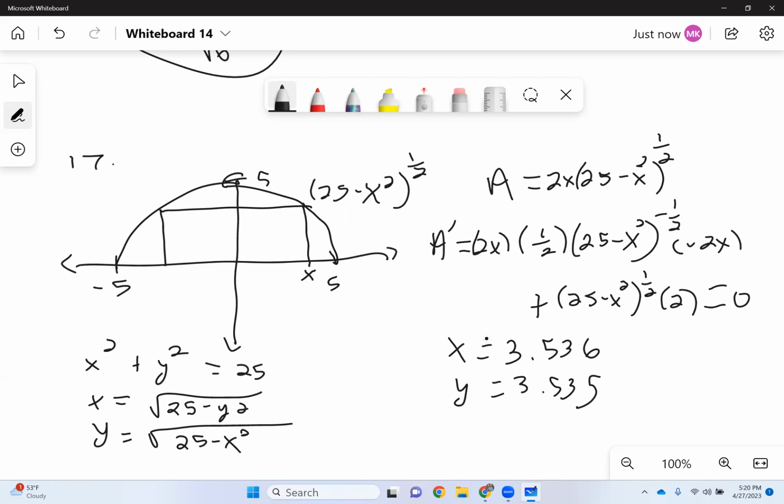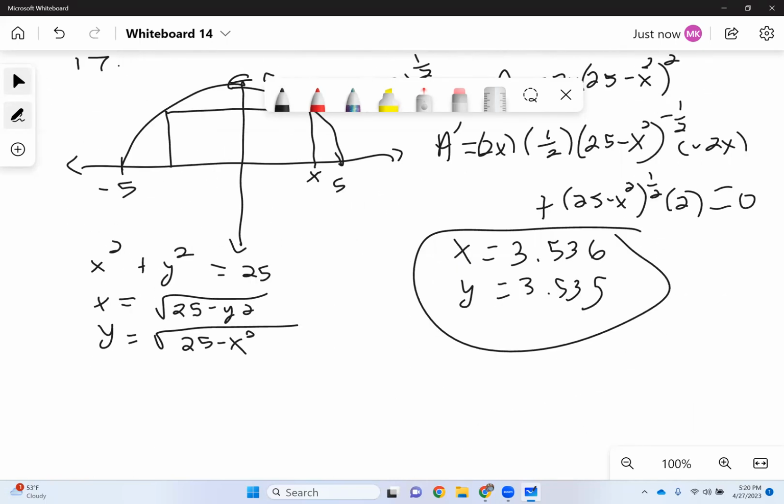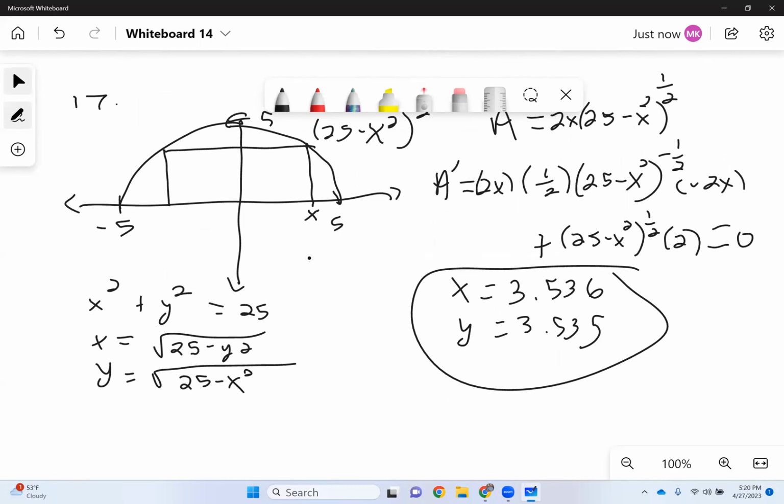So there we have it. And we can see 3.535 makes sense because from here to here is 5. So from here to here is 3.535. So make sure we're answering the question. What are the dimensions of the rectangle? Well, actually, the dimensions of the rectangle are 2x times y. So we would have to double that.